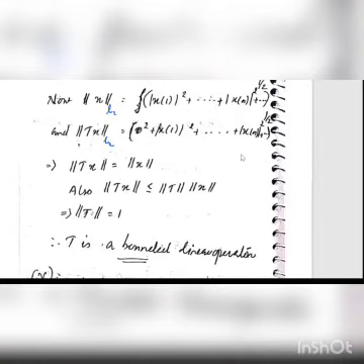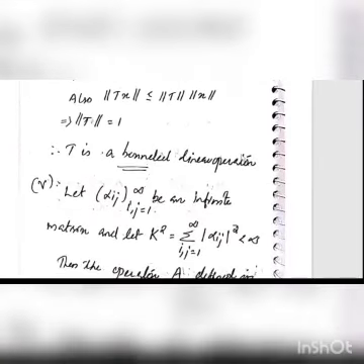Okay. Next is the fifth one. Let alpha ij, i, j equal to 1 to infinity, be an infinite matrix, and let k square, which we define as sigma i equal to 1 to infinity and j equal to 1 to infinity of modulus of alpha ij square, be finite.